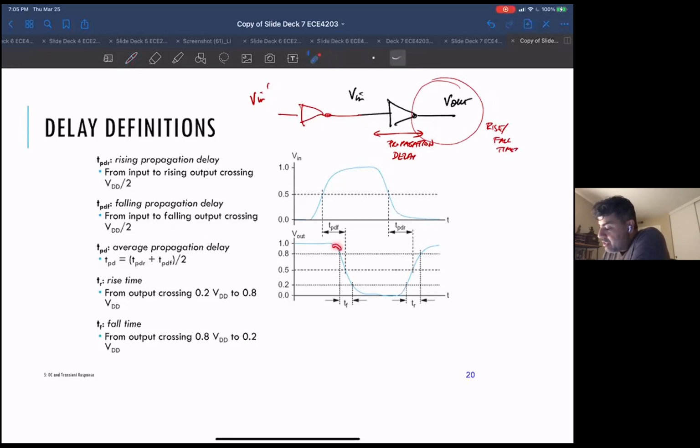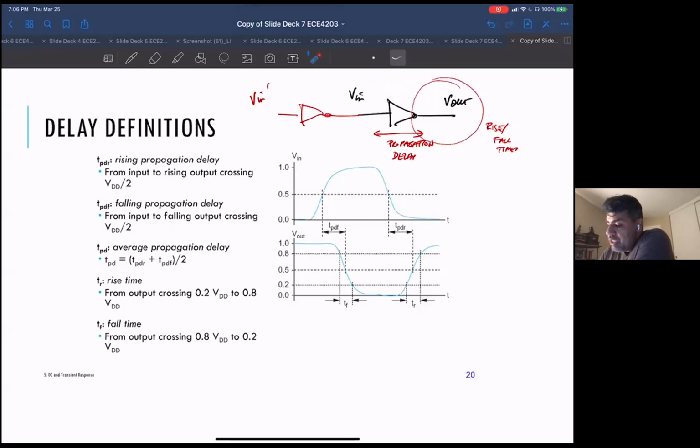Separately, the output itself takes some time to go from 1 to 0, and that's defined from 0.8 to 0.2 volts, so an 80% to 20% drop. Unfortunately, this is a different definition from what was given before. Before we talked about 90% to 10%, and we'll define that if you have a problem like that. And then the rise time is from 20 to 80% on the output. So prop delay is between the input and the output of a single stage.